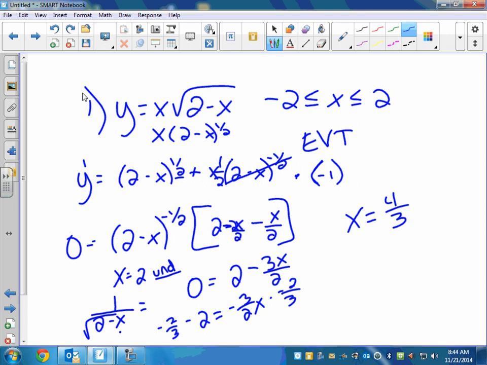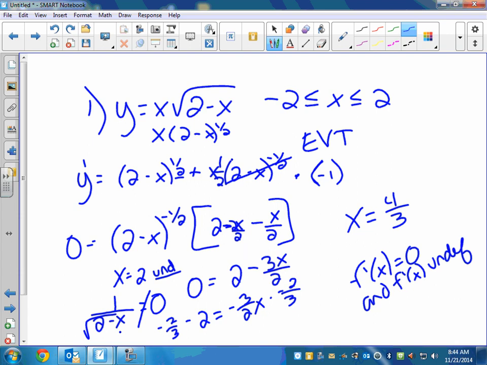It's both. I'm so confused. Yes, it never equals 0. I agree with that statement. Does this equal 0? No. But the definition of a critical point is where does my derivative equal 0 and where is my derivative undefined? No, I understand that. I just meant because you got 2 doesn't equal x equals 2.